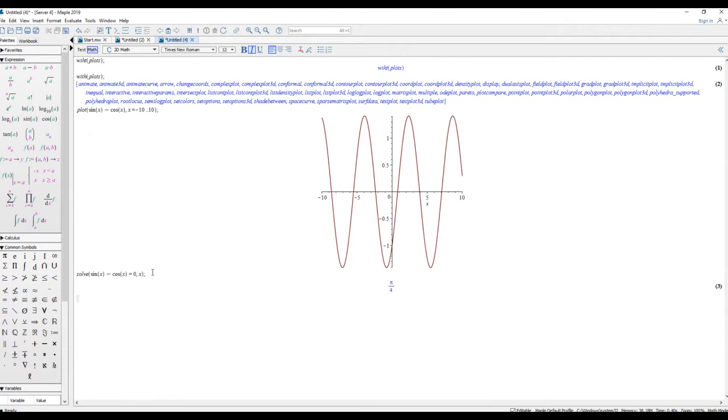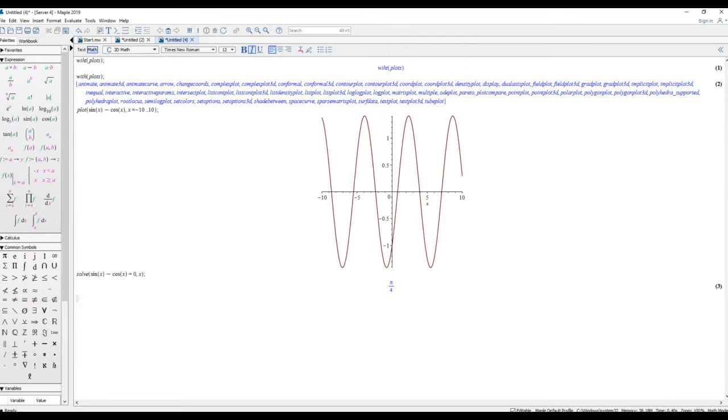Now, that's a bit of a fail because Maple gives us one solution. That solution right there. It doesn't count that one or that one or any of the other ones because there's an infinite number. So just be careful when you're working with Maple. It's always good to draw a graph or plot a graph because you may not get everything you want from Maple.